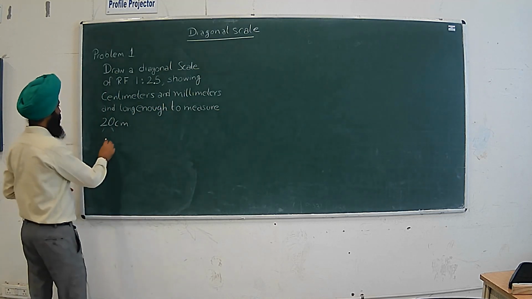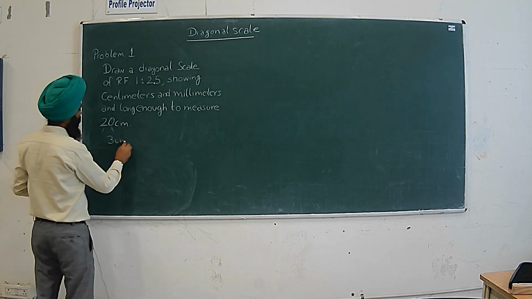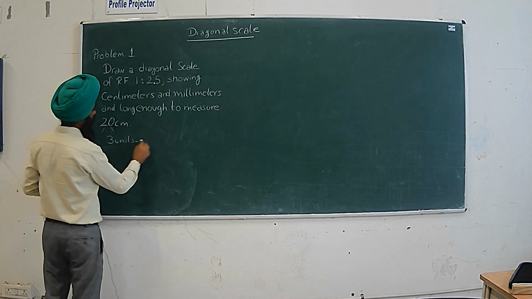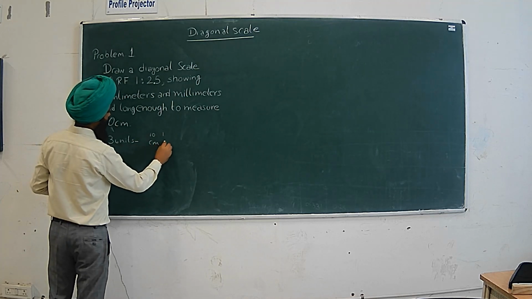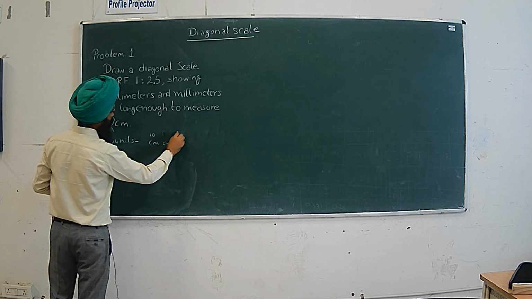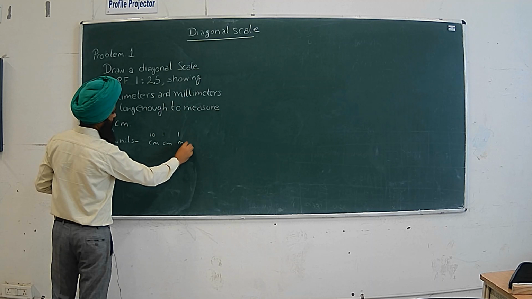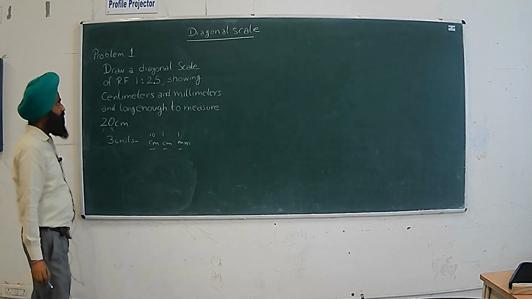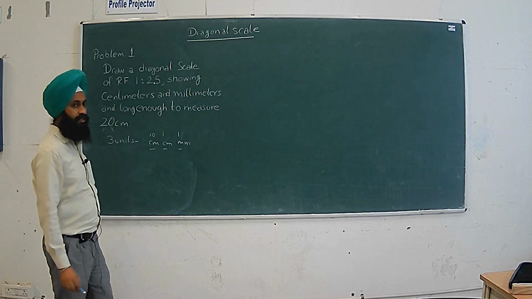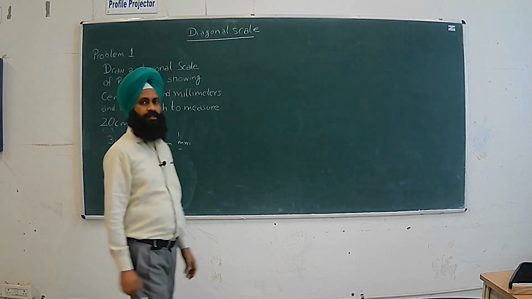So there are 3 units to be shown. One is 10 centimeter, other is single centimeter, and other is 1 by 10 centimeter, or you can say 1 mm. So these are 3 units which we will show on this diagonal scale, right?